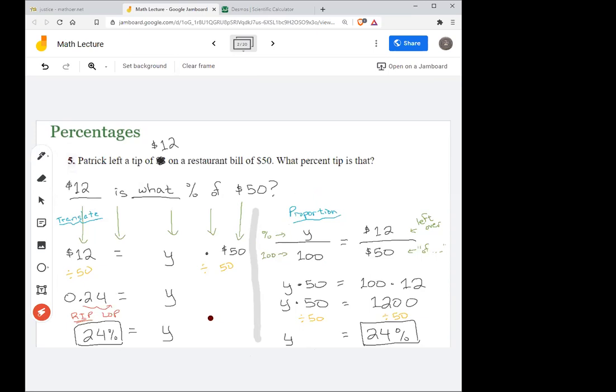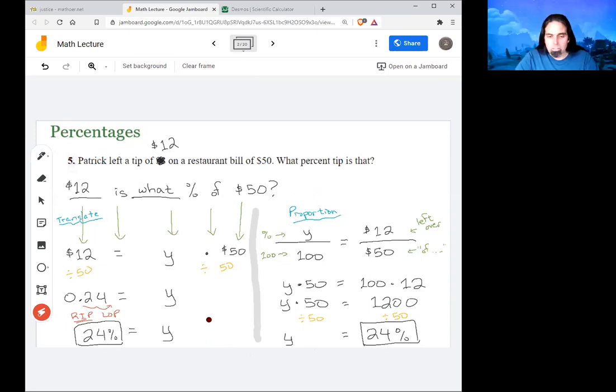Yeah. So I'm expecting I've probably done too much since you have all been good at attending class and stuff. The hard part of these is usually setting it up. And what makes it hard is if you try and skip this. So go ahead and make the little Mad Libs thing. Blank is blank percent of blank.